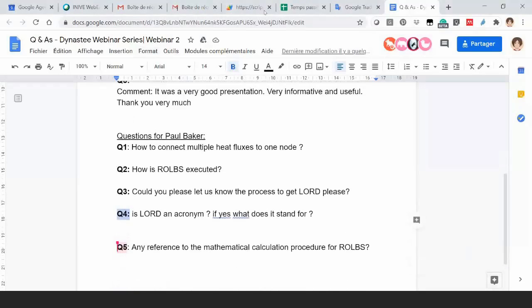LO is logical, and R is resistance, thermal resistance, and then determination. But I think it is well written in the manual. I think that Olaf has written it there. And it is the result of a French software program that was called Lady. And then the guy who was developing this software thought, well, if there is a Lady, we should have also a Lord.